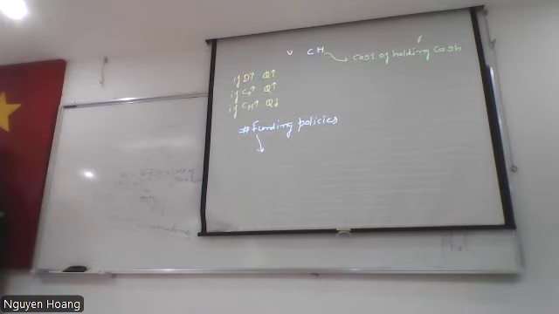So we have three different types of funding policies. One is aggressive. The second one is conservative. And the third one is matching.